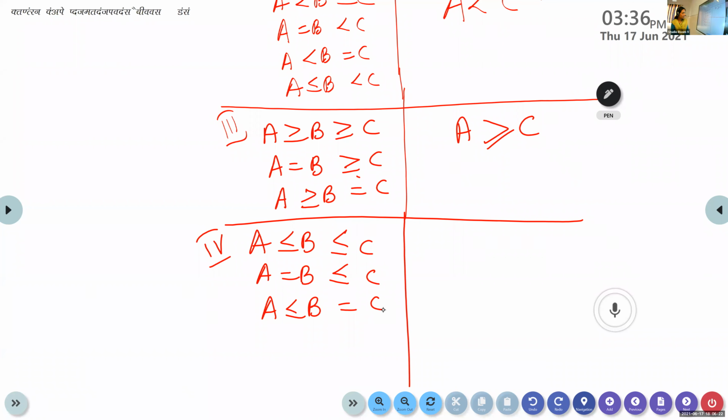Aishwarya? A less than or equal to C. Yes, it is A less than or equal to C. In all these cases, we can say A is less than or equal to C.